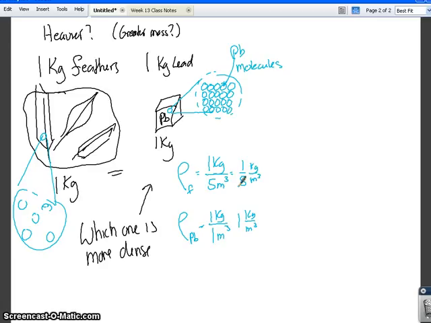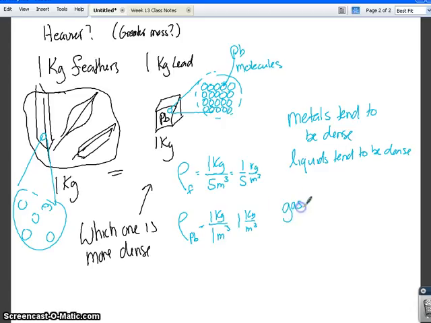Metals tend to be dense. Liquids tend to be dense. Pretty much every situation I can think of, gases are always going to be less dense than both solids and liquids.